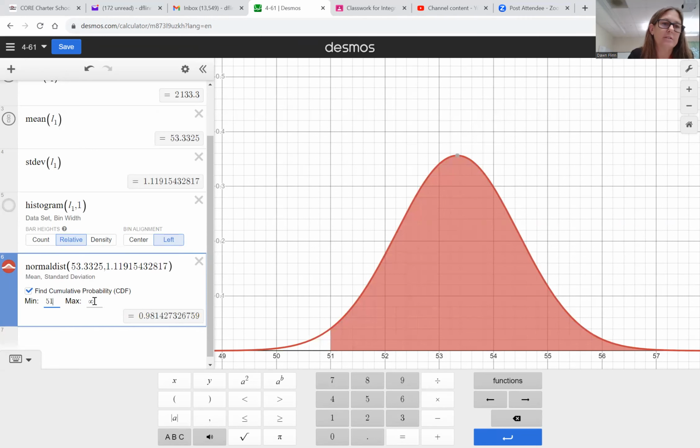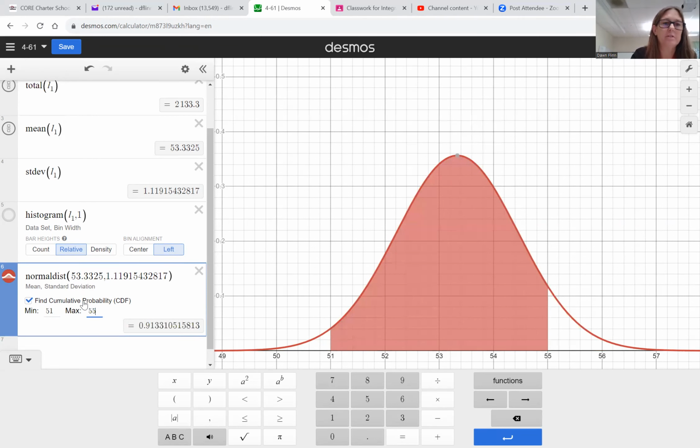Okay, so that's 91.33 or whatever. And how many racers? If it's asking me how many racers, I need to take that whole long number, 0.91, type it into my calculator, and multiply by the number of racers, which is 775. And that gives me about 754 racers. Wait, sorry.